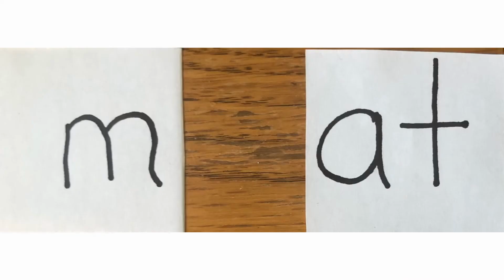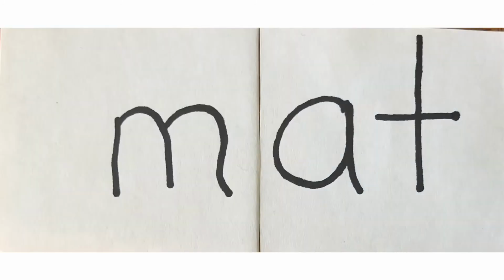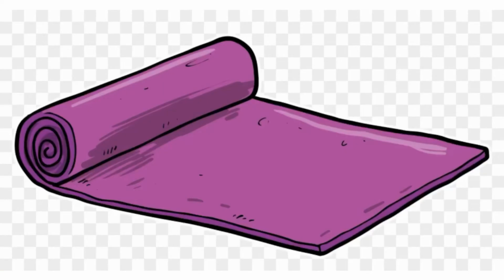So here are the letters that we're combining. How do we blend their sounds? The first sound is mm, and then the ending chunk is at. How do we blend mm, at? Mm, at, mat. Exactly. M-A-T spells mat, like yoga mat.